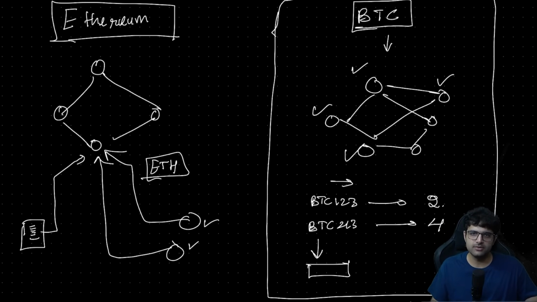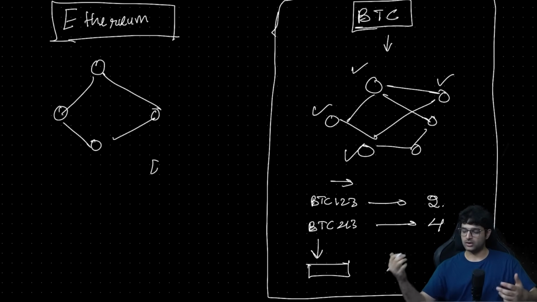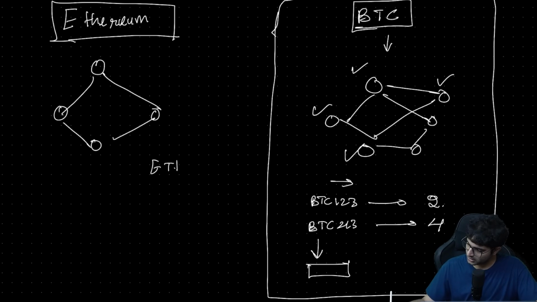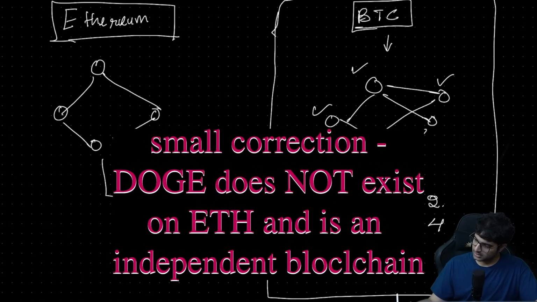What is a practical example of this? A very practical example is that Ethereum was the first blockchain that let anyone create a token of their own. So ETH is the native token, but Dogecoin is a token that actually exists on the Ethereum blockchain.